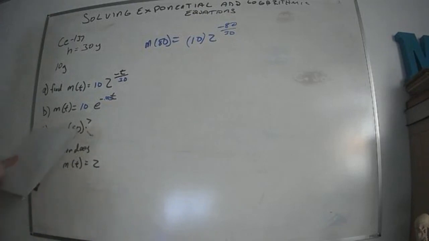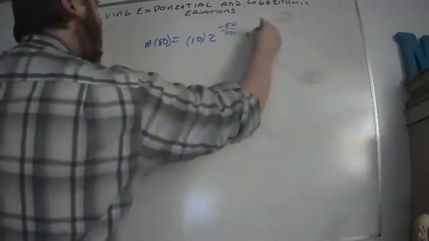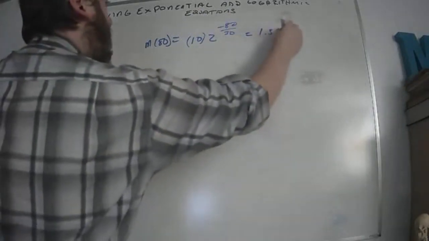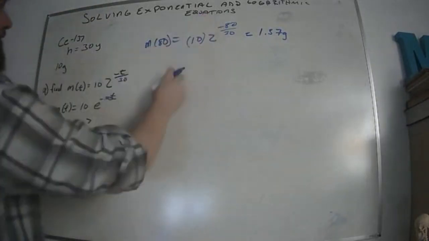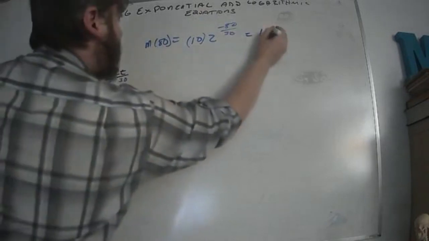And I get 1.57 grams remaining. So I started with 10, and with a half-life of 30 years, after 80 years I have 1.57.